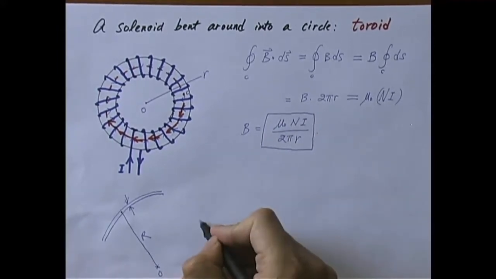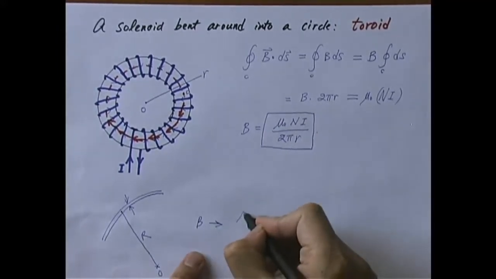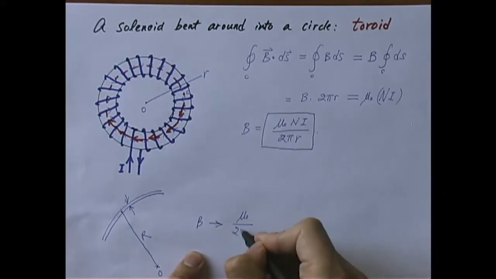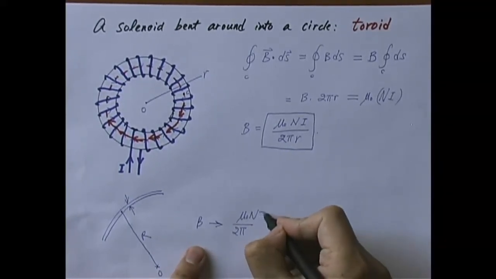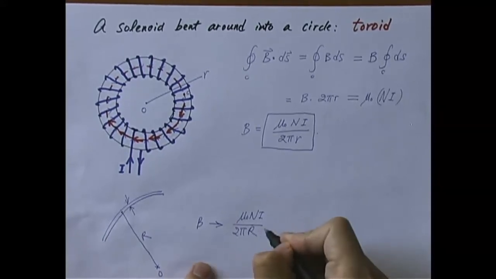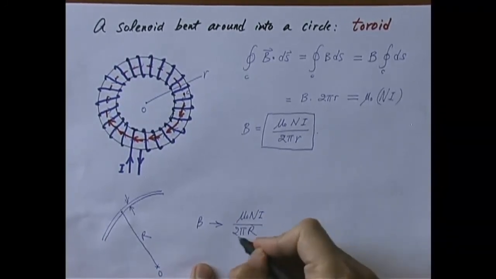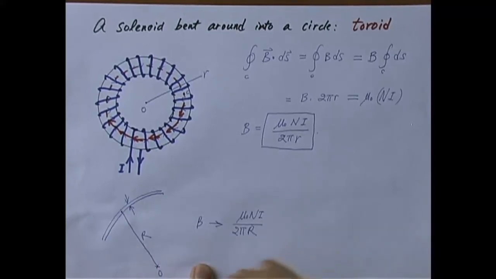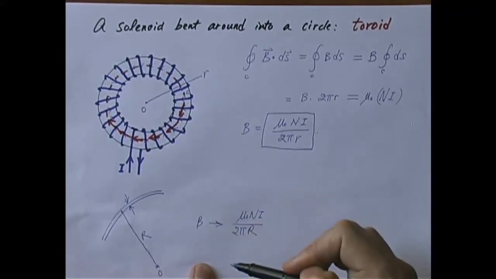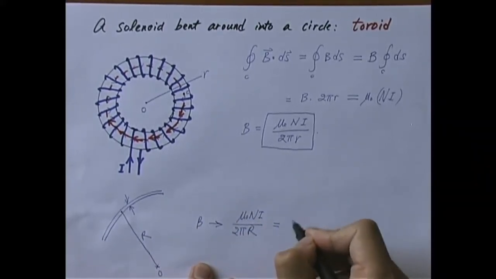So in this case, B then approaches what? Mu naught over 2 pi, times N I over big R. Okay, what is 2 pi times big R? Isn't that the circumference of the toroid?